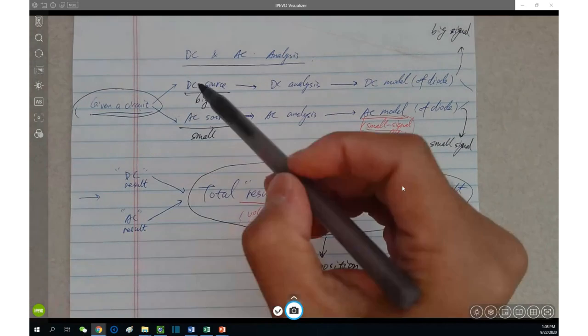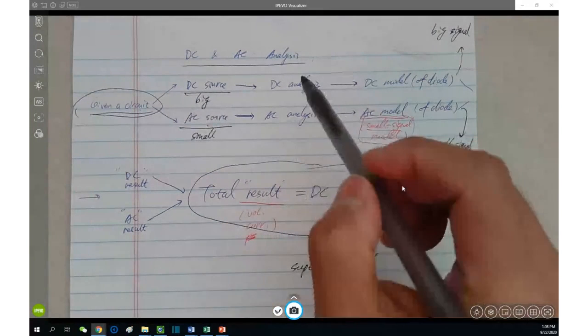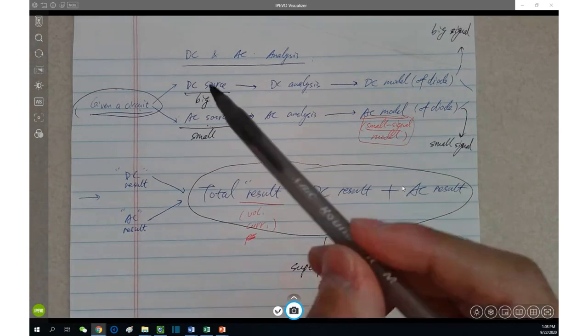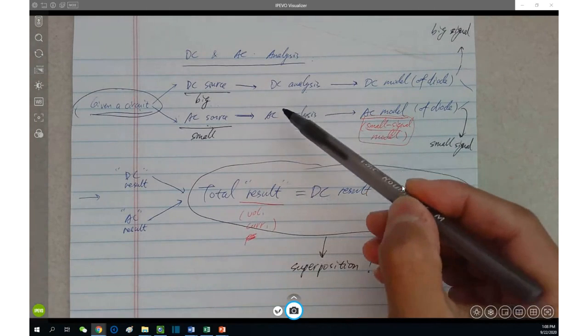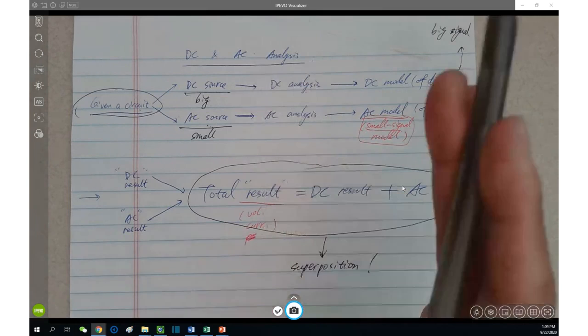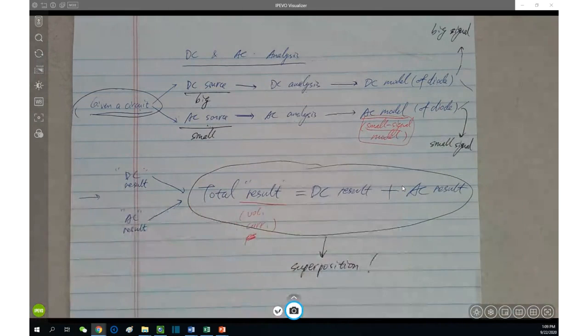Therefore, one DC analysis and one AC analysis, respectively. They are independent. Respectively conduct DC and AC analysis, and then sum the results together to get the total result. This is superposition, and this is also answering why we are conducting DC and AC analysis.